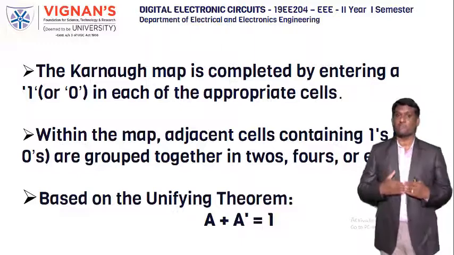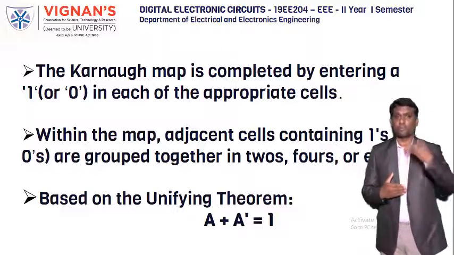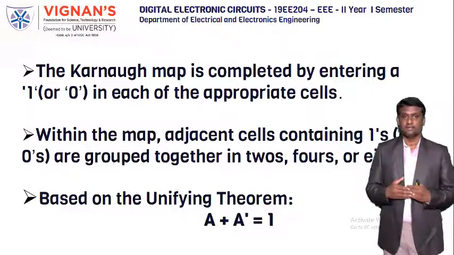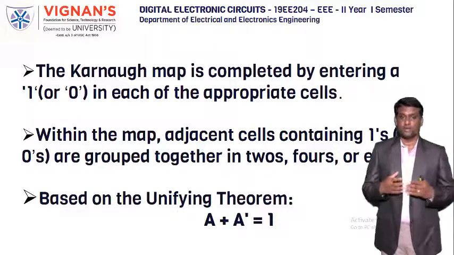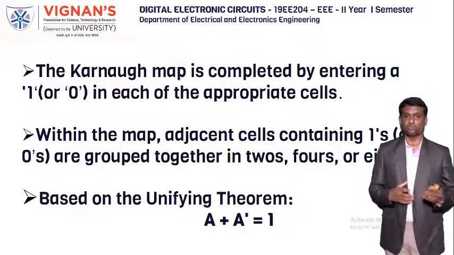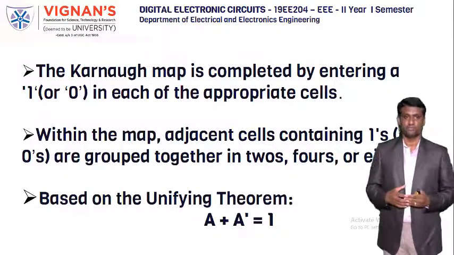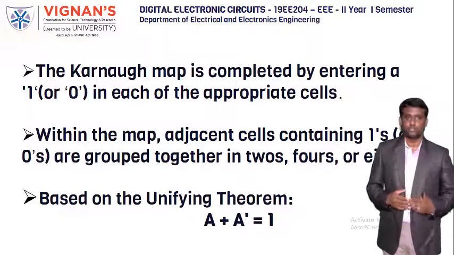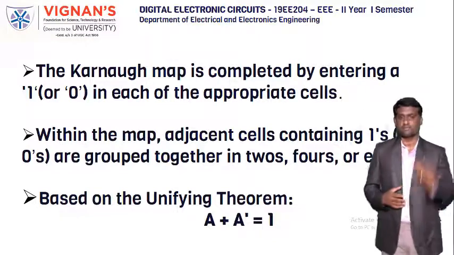Here also we are following powers of 2 combinations. Why do we group 2 cells? Because the group sizes are powers of 2. 2 power 1 is 2, similarly 2 square is 4, 2 cube is 8, and 2 power 4 is 16.